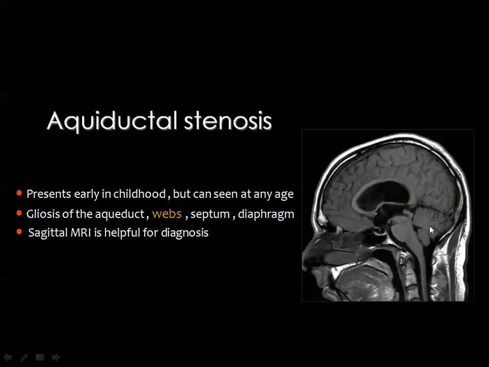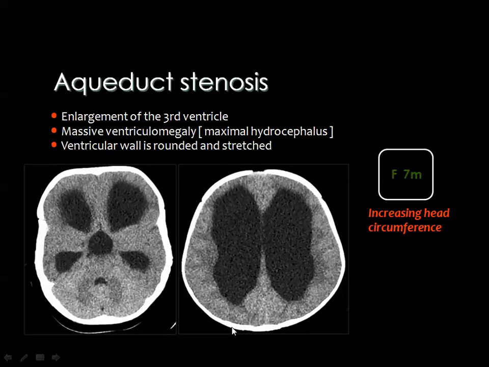But you see that the fourth ventricle is of normal size, but the third ventricle is dilated and the recesses are distended. Also, the lateral ventricles are dilated. Then this is an example of aqueductal stenosis where you can see that the fourth ventricle is of normal size, the third ventricle is ballooned, and that both lateral ventricles are dilated.